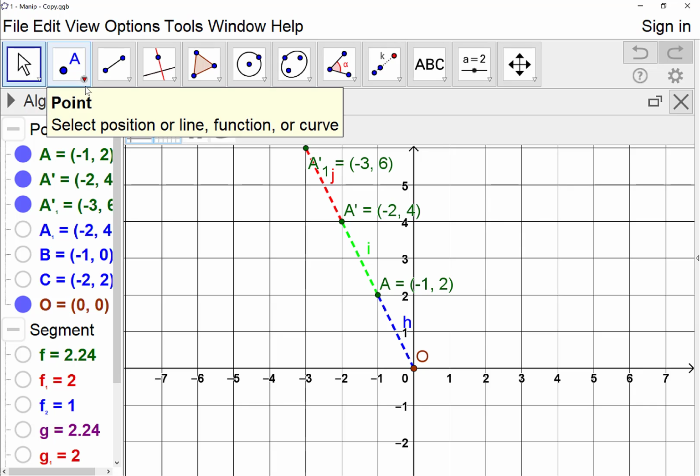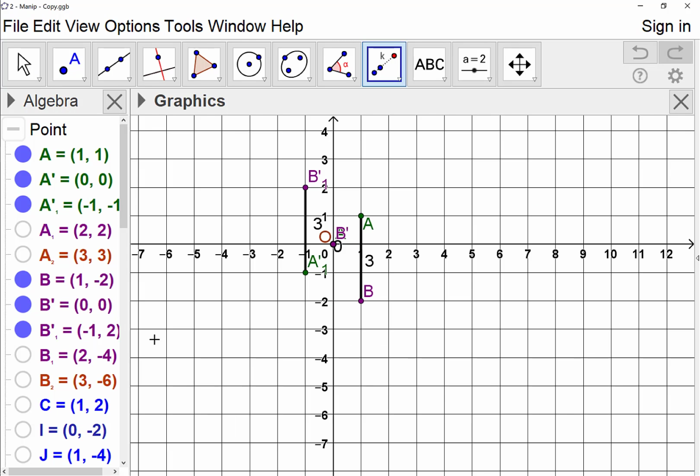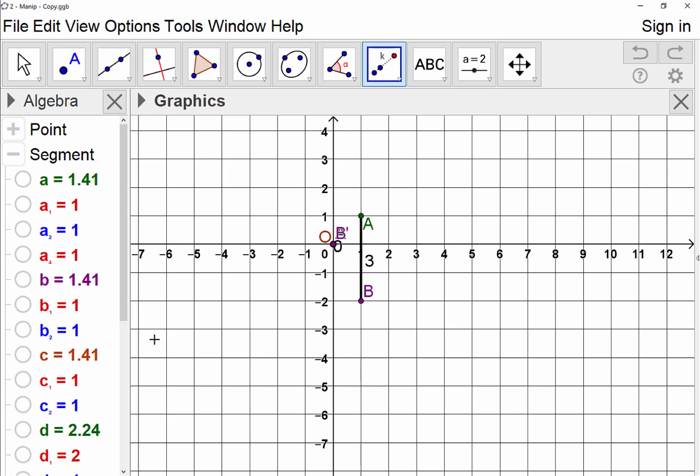As I change that point of dilation, it won't let me. Well, that's fine. So if we dilate this segment by a scale factor of 2, I understand it's going to go from a length of 3 to a length of 6.